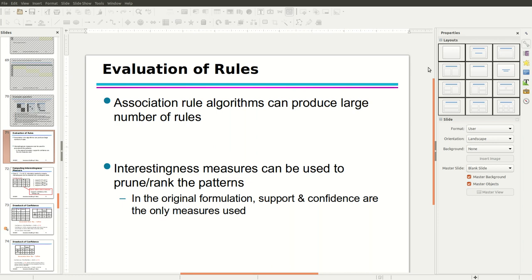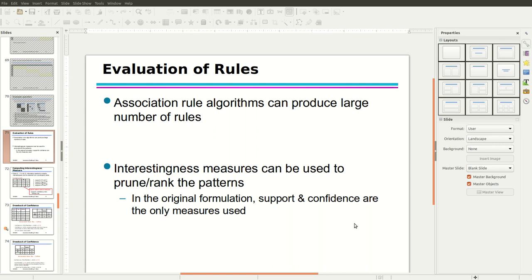Out of 20, we have 15 times we got coffee. So that is 0.75, which seems to be high, right? Normally 50% confidence is meaningful. So those who drink tea are more likely to drink coffee than not drink coffee. This might be a reasonable rule based on that.